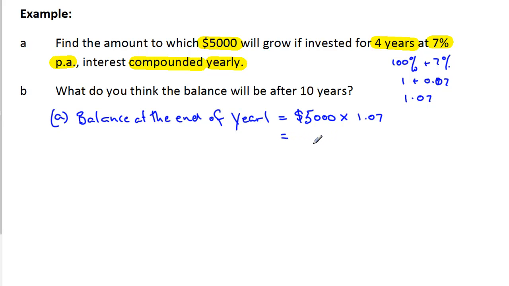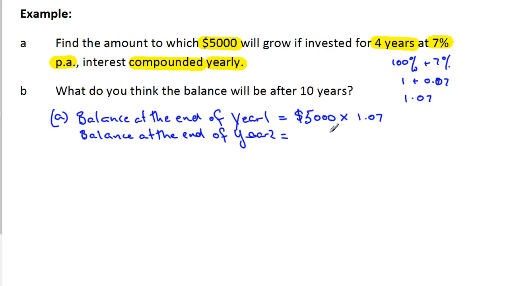What it tells us is that the balance at the end of the year is going to be $5,000 times that. Now we're actually not going to work that out. We're just going to imagine we've got the answer for that. Because what we're going to do now is to say, well, the balance at the end of year 2, now let's think about this.